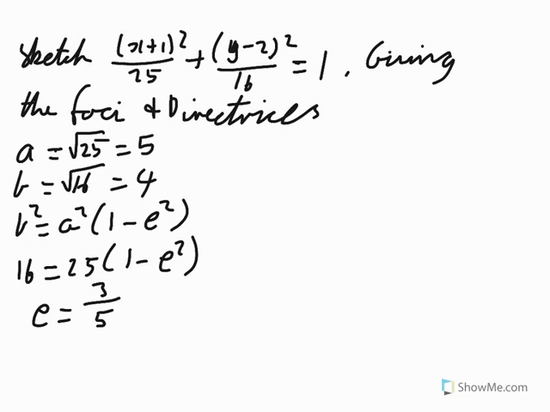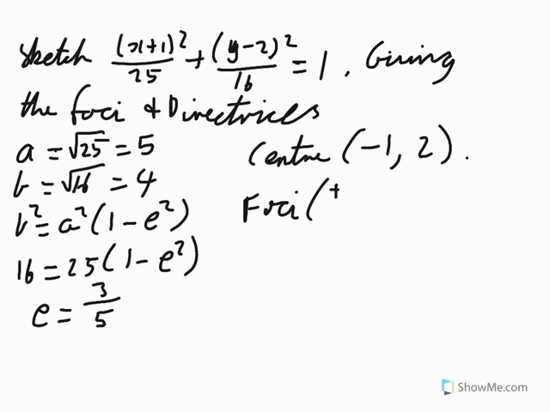Alright, so then we've got a whole bunch of stuff that we can do from that. What do we need to know? Centre. Centre's from our h and k, so it's minus 1, 2 for that. Foci. Foci are plus or minus AE plus H, K, I should say.